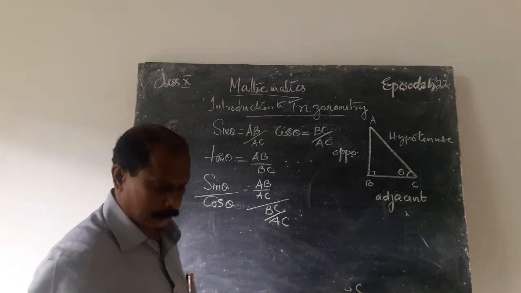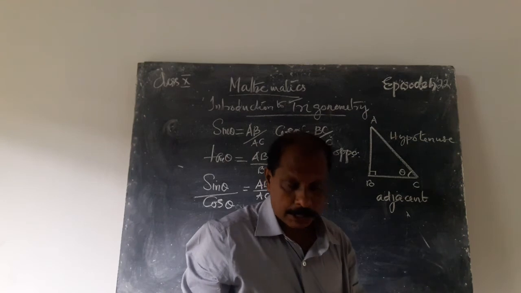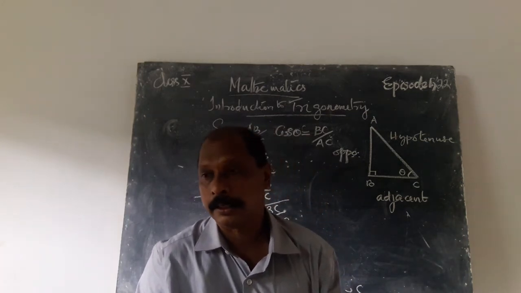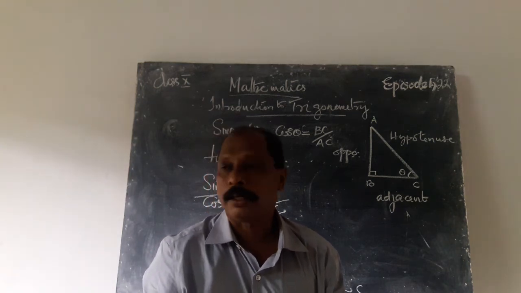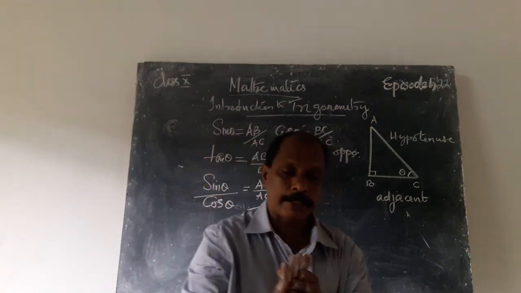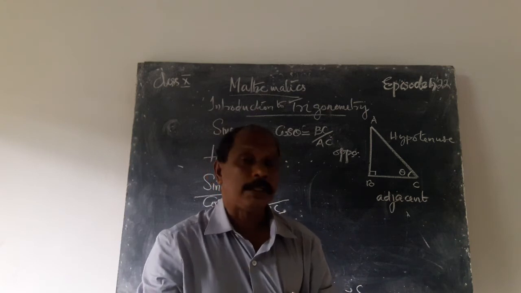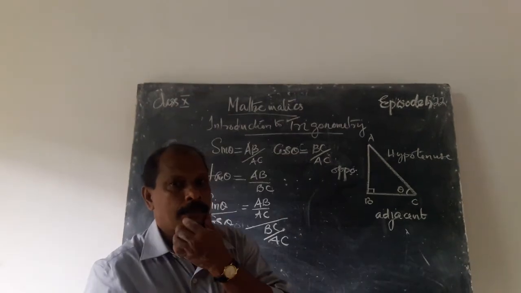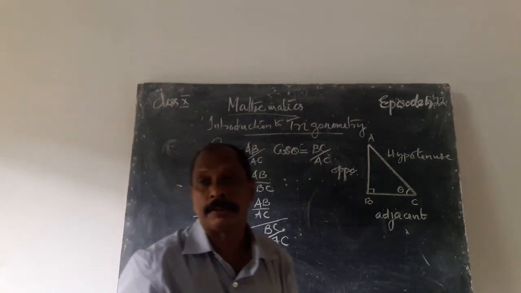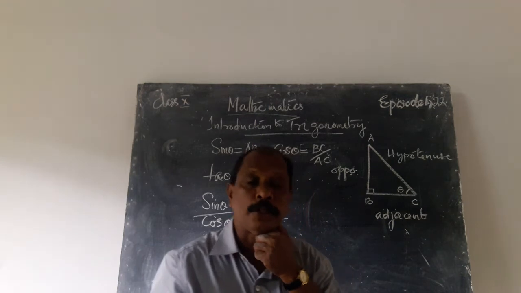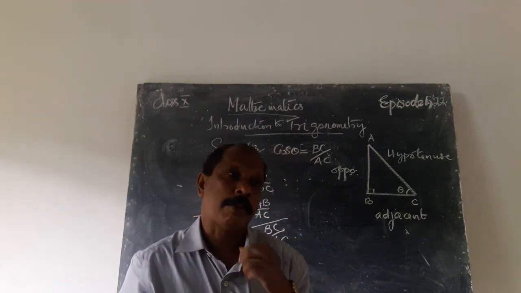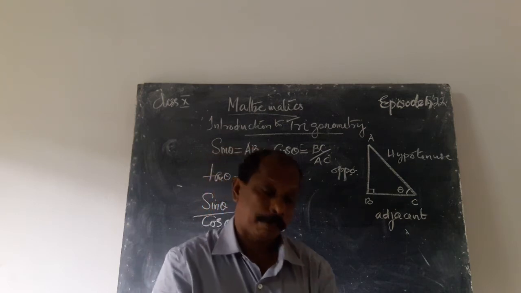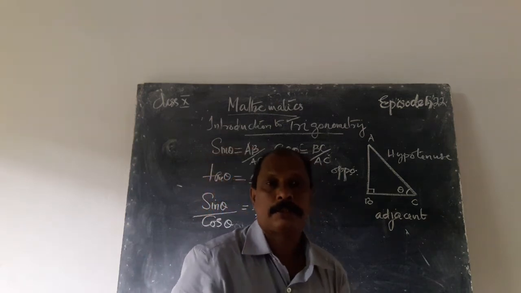There are two fractions. We know from the previous classes, that means in the 4th, 5th, 6th, or 7th standards, that for addition or subtraction of two fractions, we take the LCM of the denominators. For multiplication, multiply the numerators and also multiply the denominators.